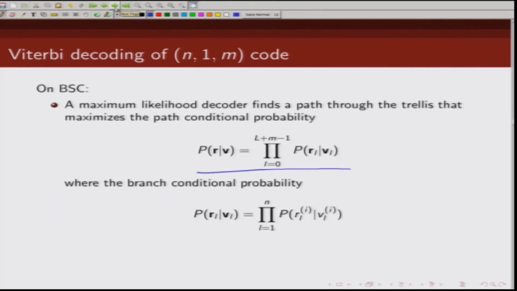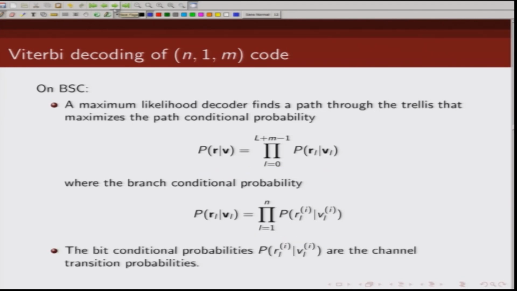Since it is a memoryless channel, we can write the probability of R given V in terms of these Ri's and Vi's like this, and this can be written in terms of the bit likelihood function, or the bit metric, which is given by this. And these probabilities are nothing but the channel transition probabilities.